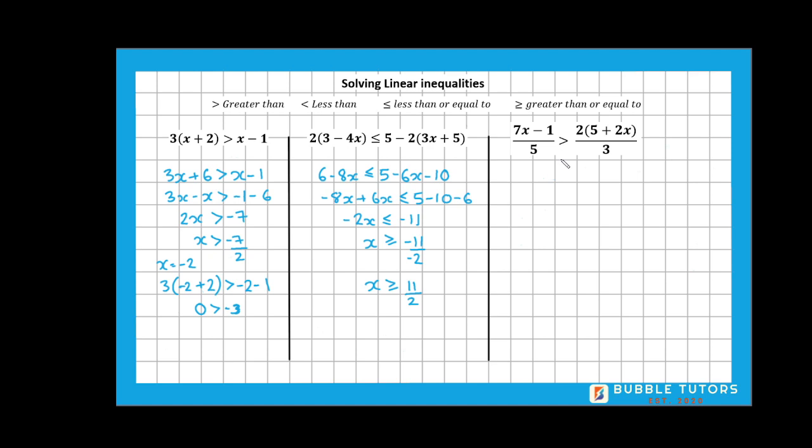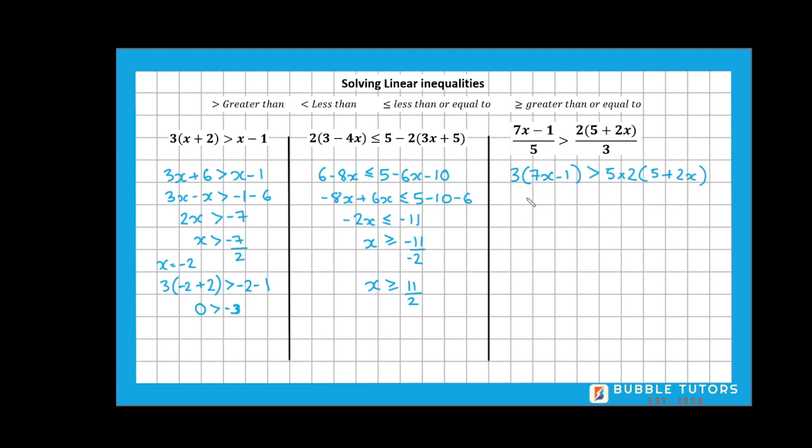Here it looks a bit more complicated, but we just need to simplify it a bit more. So what we need to do here is bring the 5 over to this side and the 3 over to this side. So if we bring the 3 over, it becomes 3, open bracket, 7x minus 1. And then it's more than, and then we bring the 5 over to this side, 5 times 2, and we have 5x plus 2x.